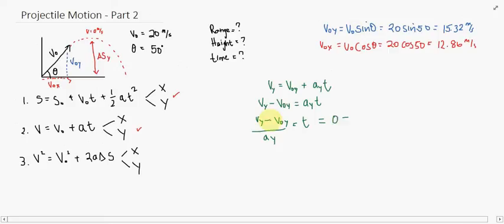My initial velocity in the y direction was 15.32. And my acceleration in the y direction is just gravity, so it's minus 9.81. So I'm going to sit with a negative 15.3 divided by negative 9.81, which will give me some positive time value, which is 1.56 seconds.